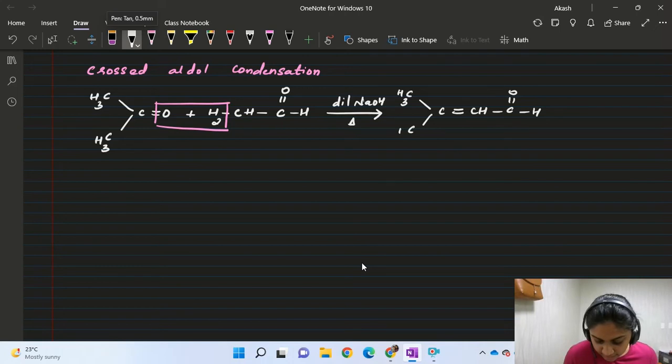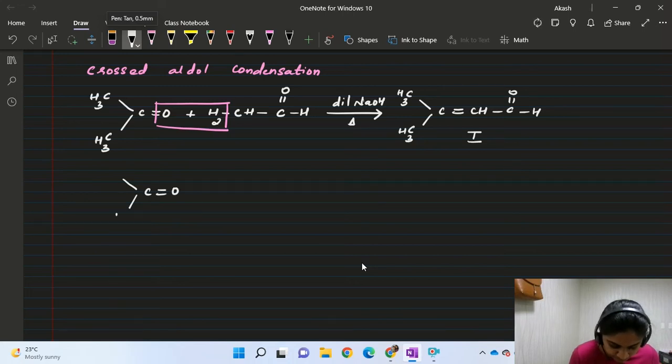Right children, this is one of the crossed aldol condensation products, and the other one is where the hydrogen is removed from acetone. So acetaldehyde I'm taking first, C double bond O, and acetone I'm just rewriting like this.